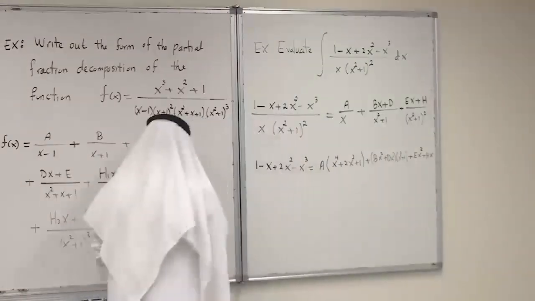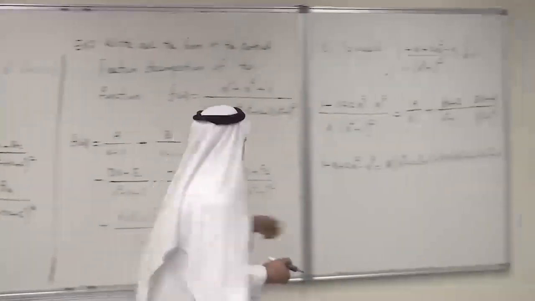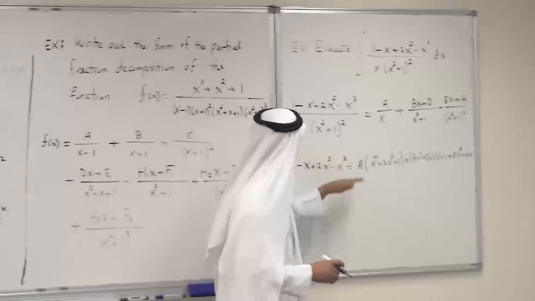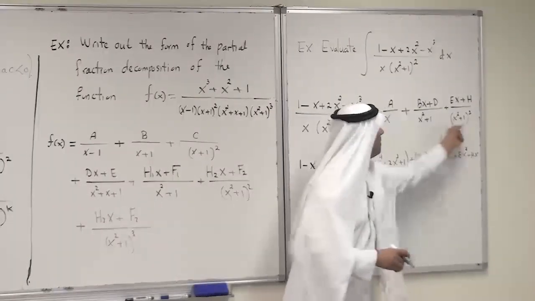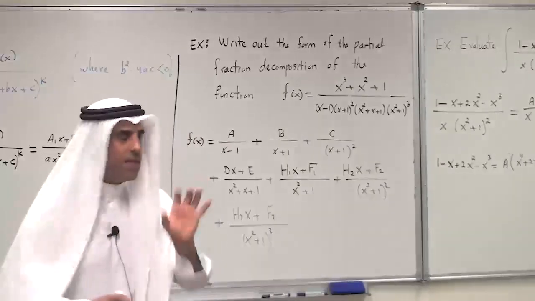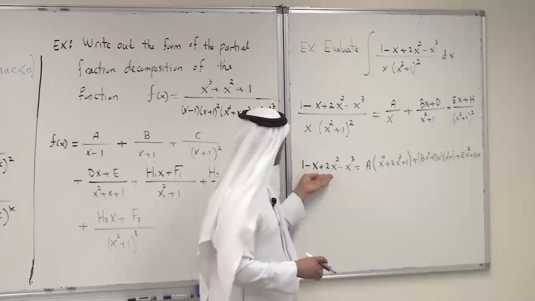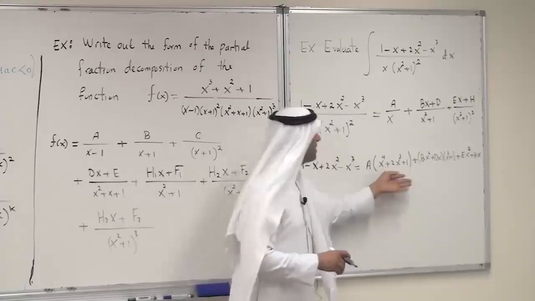The next one, how to get the parameters a, b, etc. How to get them? If I am doing a question like this and I have quadratic factors, I prefer to compare the coefficients of the polynomials. Meaning, I have an equation that involves a polynomial on the left-hand side and another polynomial on the right-hand side.